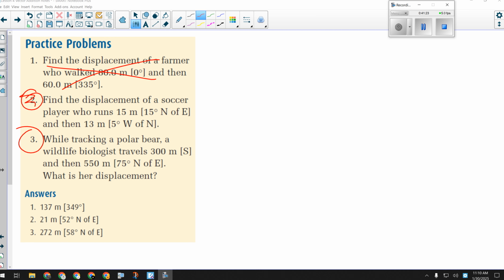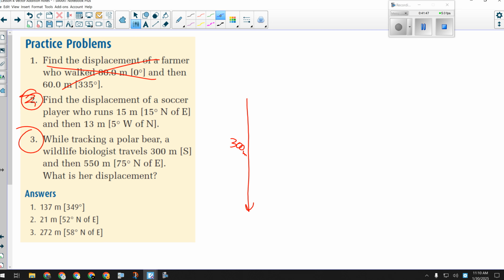Okay guys, let's just look at the diagram right here. Is scale important here? It absolutely is. Okay, we know that in the first part of this, she goes 300 meters south. And then in the second part, she goes 550 meters.